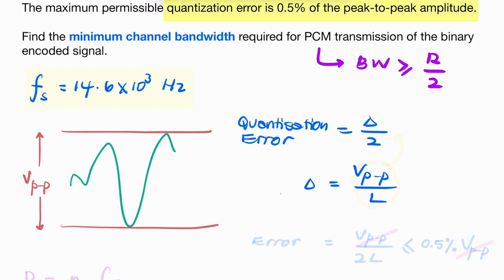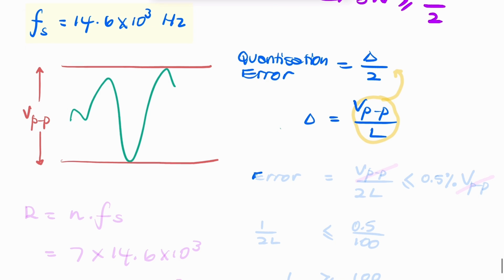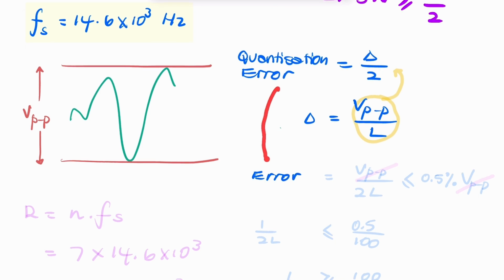So if you were to put that into there, then our quantization error becomes the peak-to-peak voltage divided by 2L.